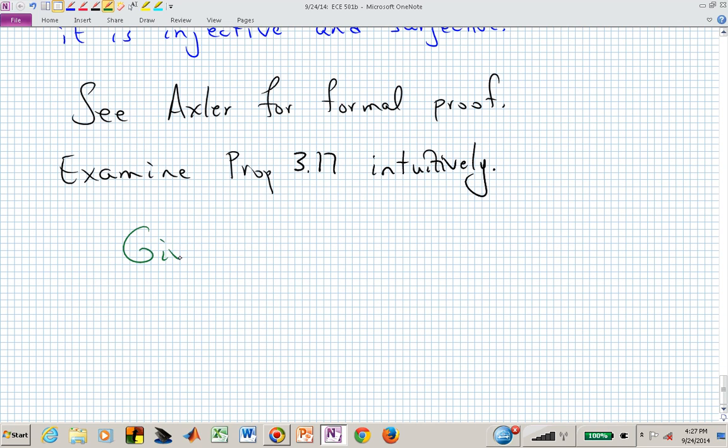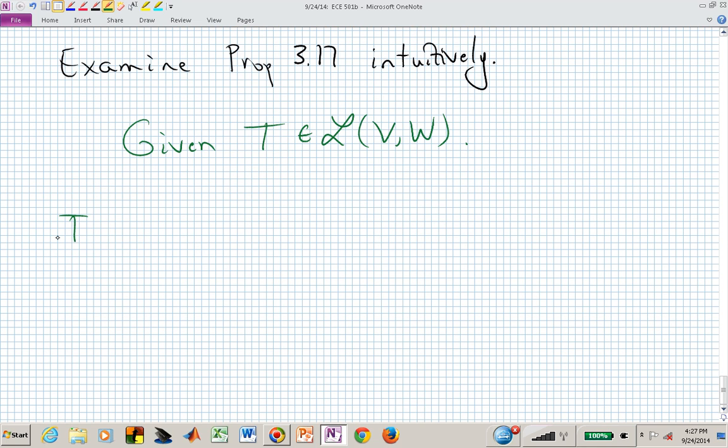Suppose we're now given a linear map T between two vector spaces, the domain V and the codomain W. Suppose that linear map T is non-injective.